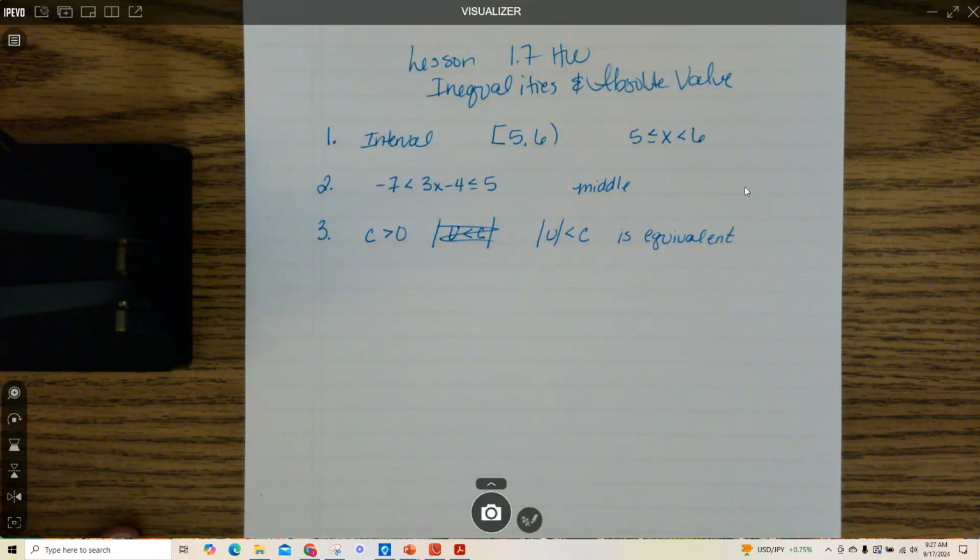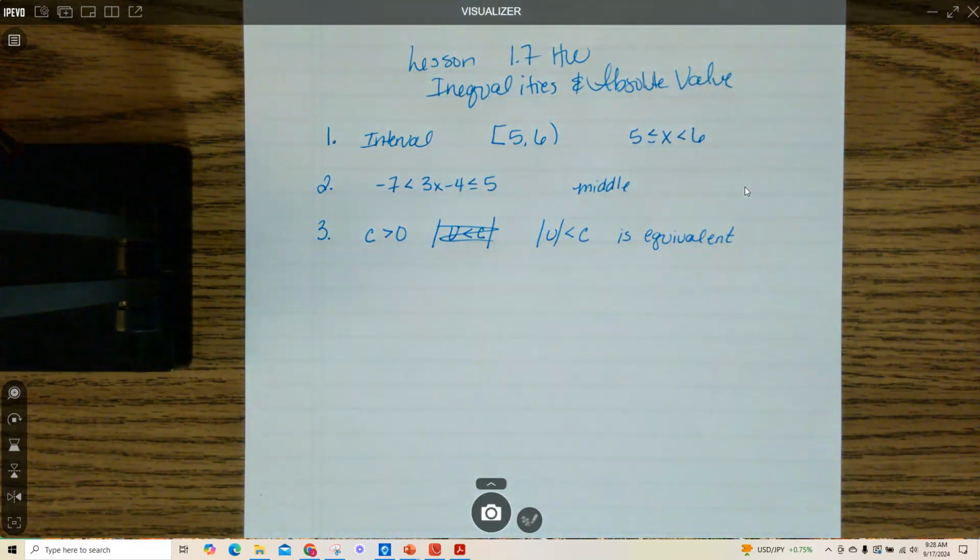So any value of u has to be less than c, and c is going to be greater than 0. The absolute value wouldn't make it negative.